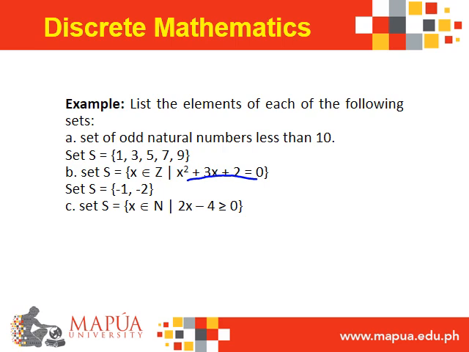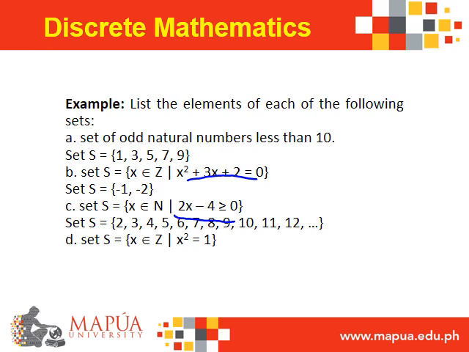This time, set S involves values of natural numbers that eventually satisfy this particular equation. Therefore, our set S may contain numerous elements starting with 2, 3, 4, 5, 6, 7, 8, 9, and 10, and so on and so forth.